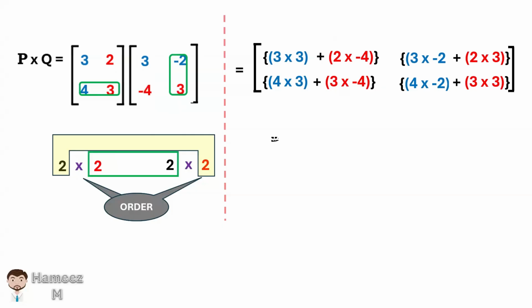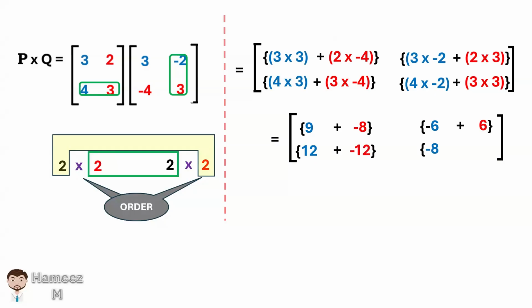So that is going to give us 3 3s are 9, and 2 by -4 is -8, and 3 by -2 is -6, and 2 3s are 6. 4 3s are 12, and 3 by -4, that's -12, 4 by -2 is -8, and 3 3s are 9.